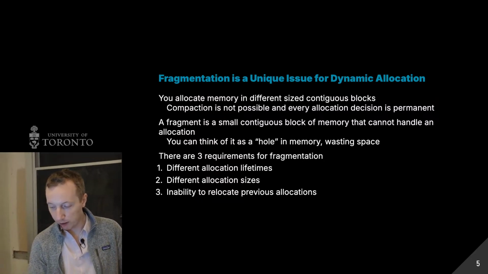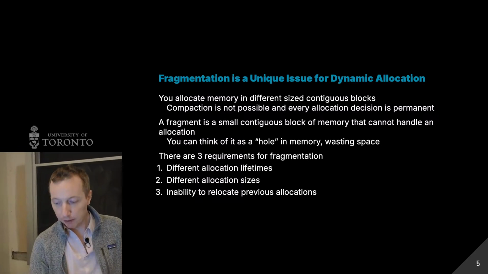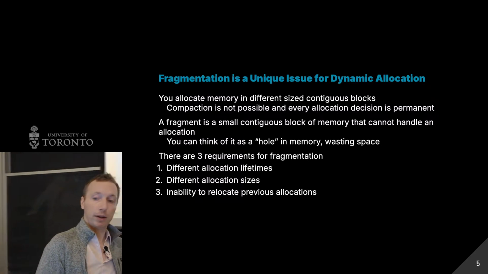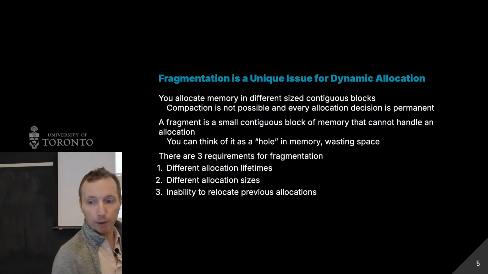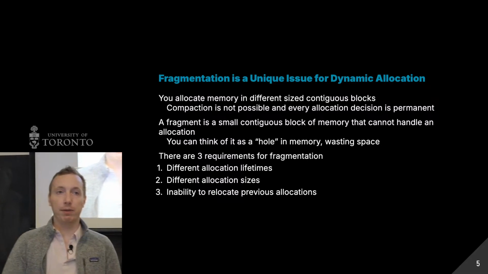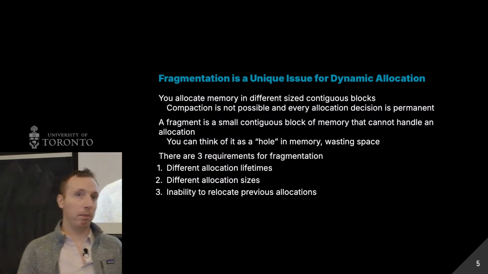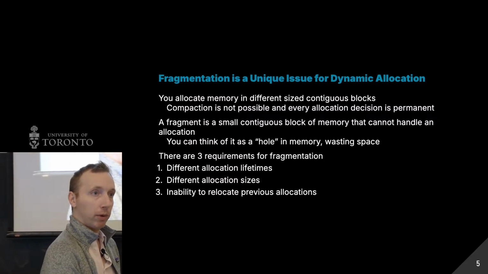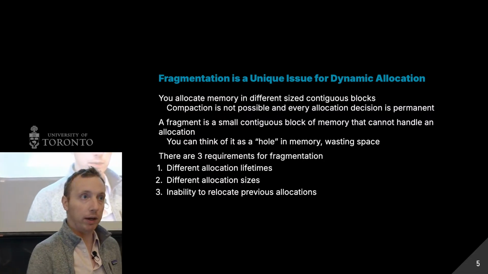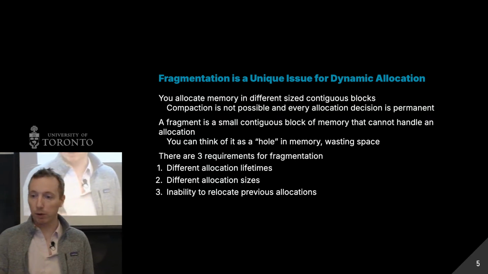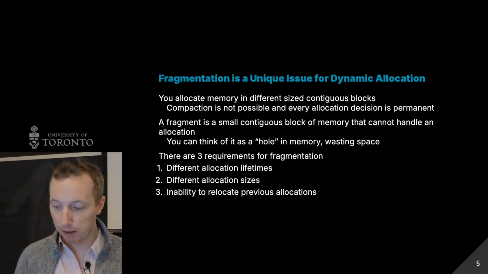And for dynamic allocation, in order to have fragmentation, I need 3 requirements. So they all have to have different lifetimes. So that just means you don't alloc all at once and you don't free all at once. You have no idea what order the malloc and free can come in.